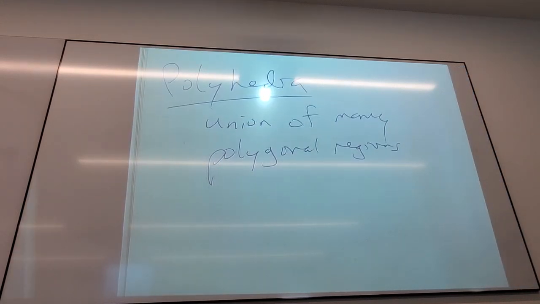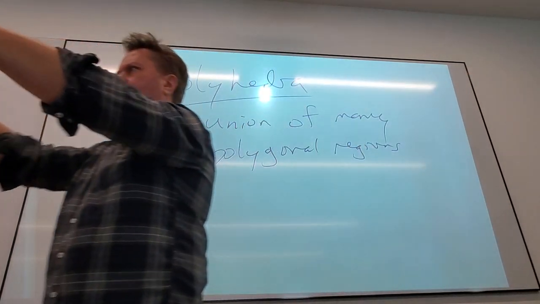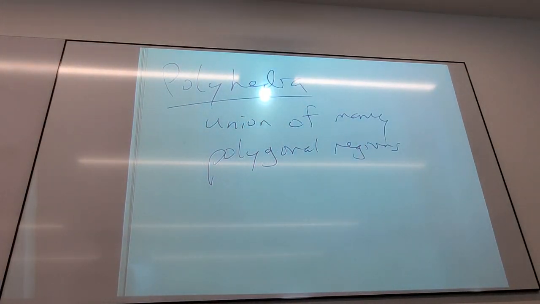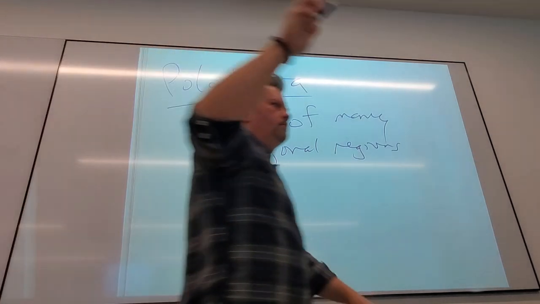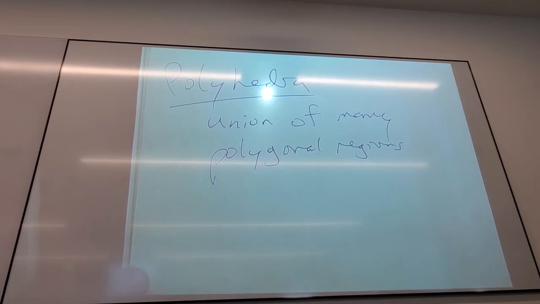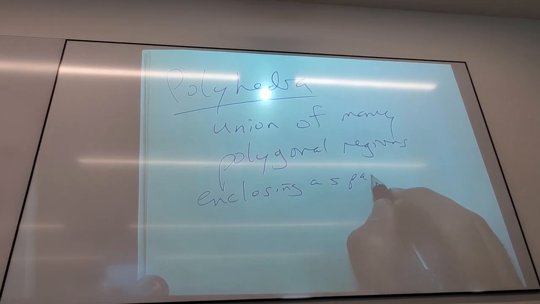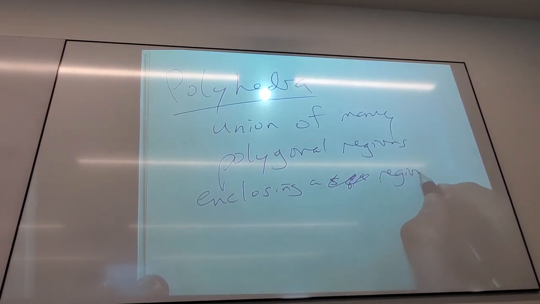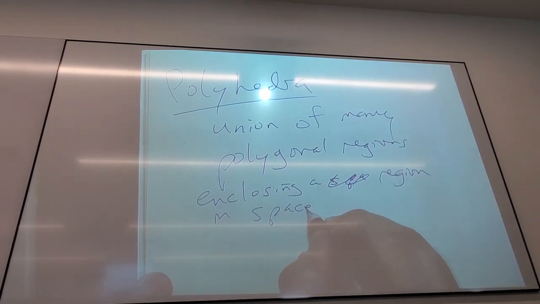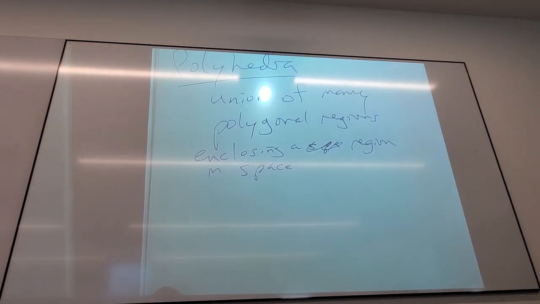When I put together a bunch of triangles, and some of you did this when we first started playing with our kits, you can make this little enclosed region, yes? So that's a part of this definition: enclosing a region in space, without any holes.